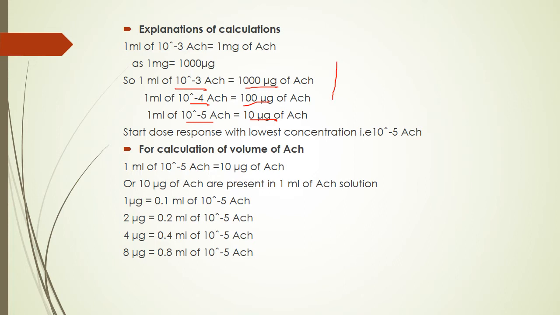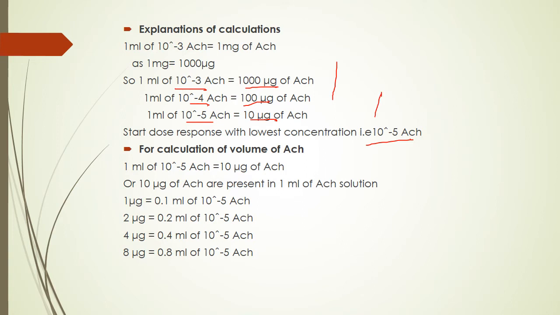We have to start from the lowest dose, in this case 10 raised to the power minus 5, that is the lowest dose with 10 microgram of acetylcholine per ml, and we start the experiment with that concentration.